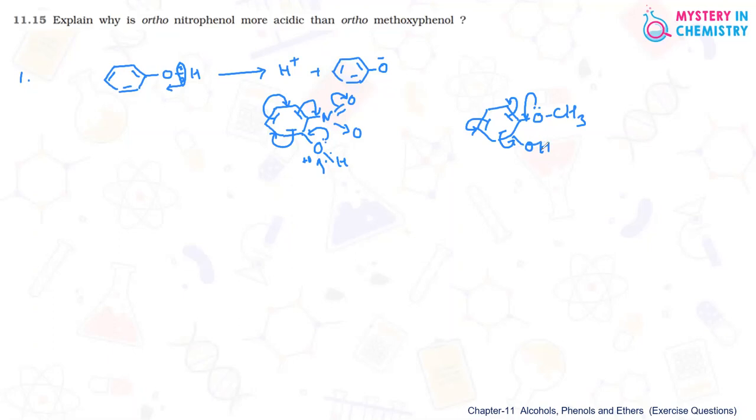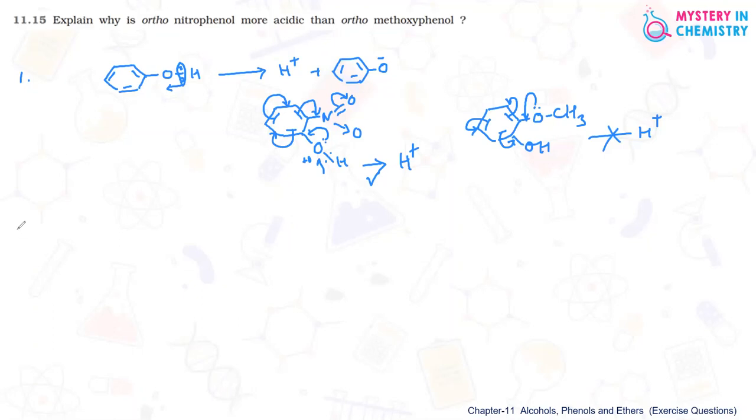When electron density is more, the bonding pair will not be towards oxygen and it cannot give a proton easily, whereas the other can give a proton very easily. So this is the first point. By that you can explain why ortho-methoxyphenol is less acidic as compared to ortho-nitrophenol.